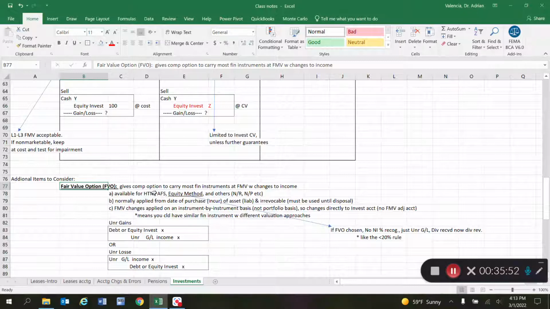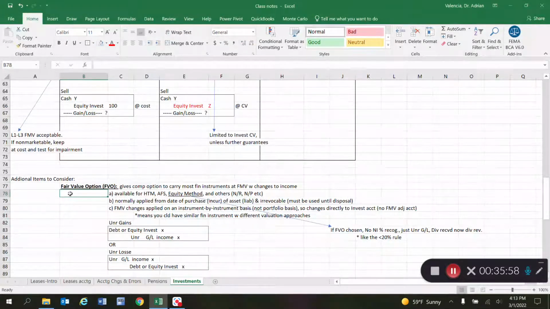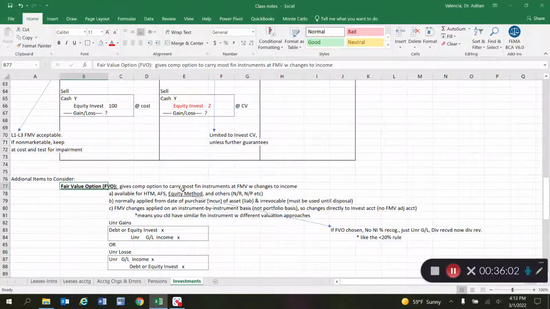So even though I intend to hold it to maturity, I want to carry it at fair market value. And if that's the case, you are allowed. So this idea of the fair value option gives companies the option to carry most financial instruments at fair market value. And then the changes go directly to income.